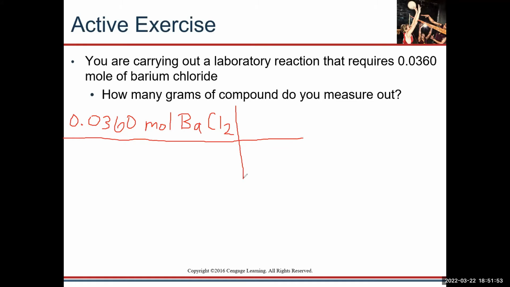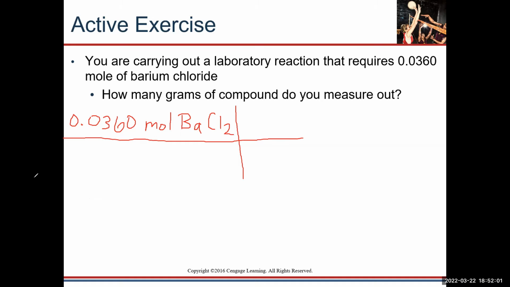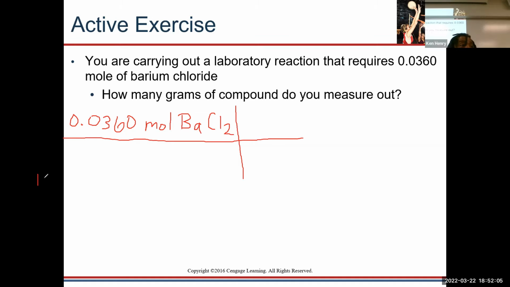Grams per what? Grams per mole, because I want to get rid of the mole. So how do I calculate my grams per mole, or my molar mass? How many bariums do I have? I have one. Don't I know how much one barium weighs per mole? So wouldn't I use that information? So I have one barium and it weighs how much?